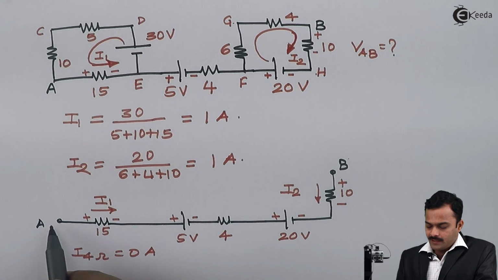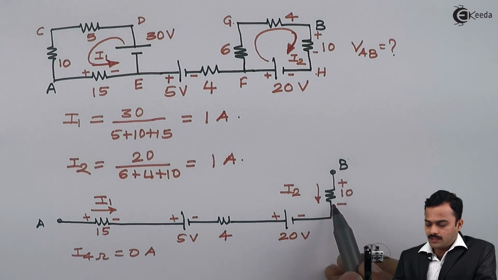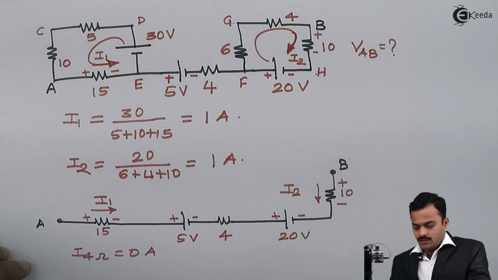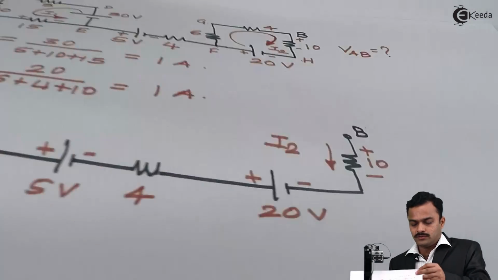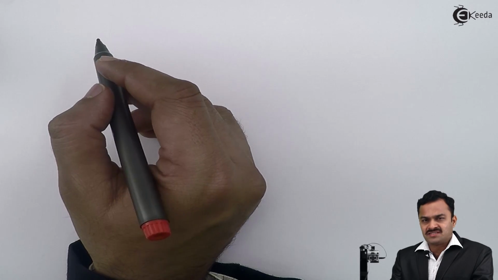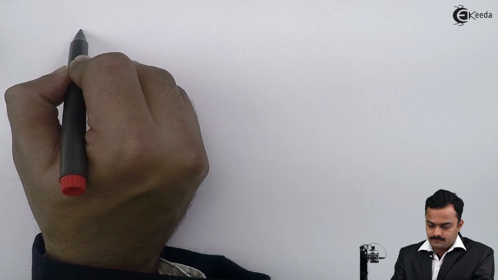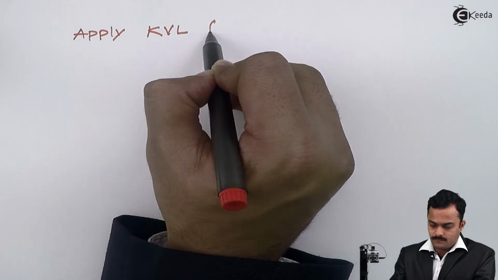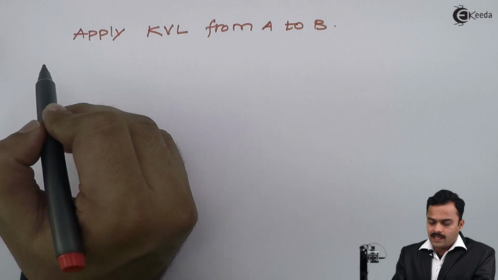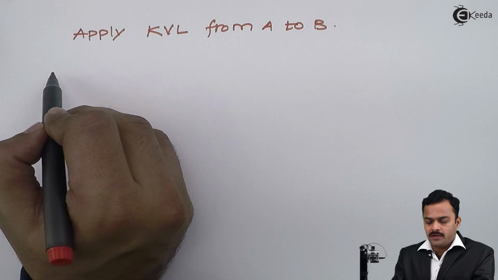Now I will apply KVL to this particular path, or I will consider a loop. So see how I am going to apply the KVL to this particular circuit. I will apply KVL from A to B. I am starting with the point A and I will consider the potential of point A as VA.